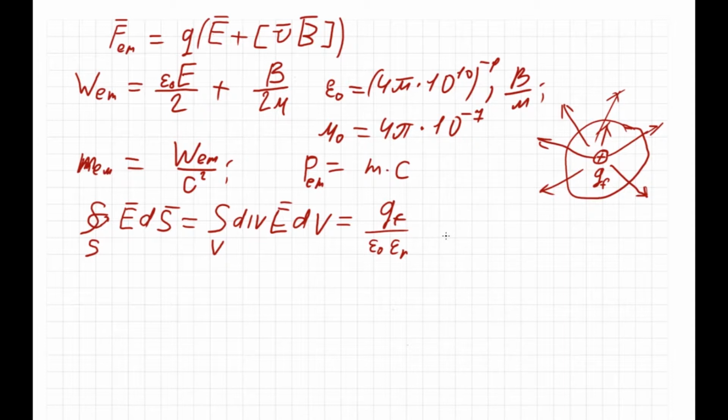Further, if we divide this formula by volume, we will get next: divergence of electric field equals density, in this case, of field divided by epsilon 0 epsilon r.